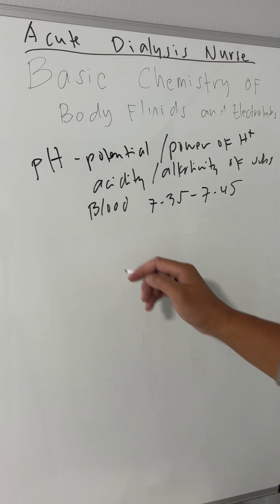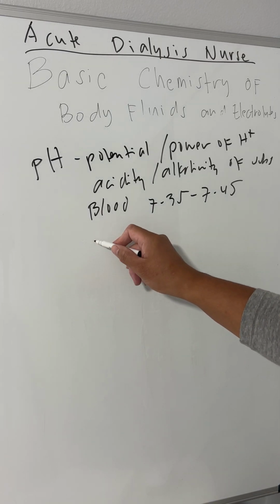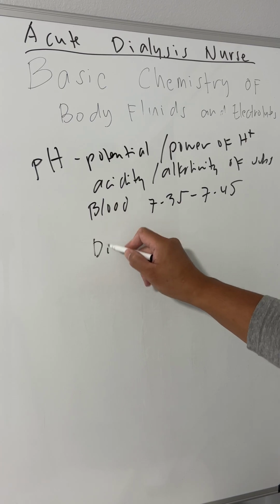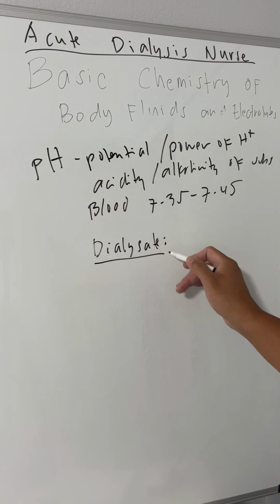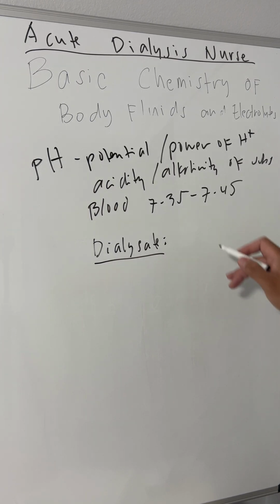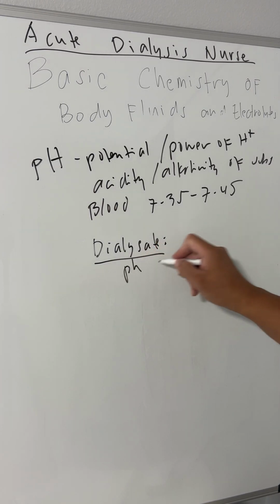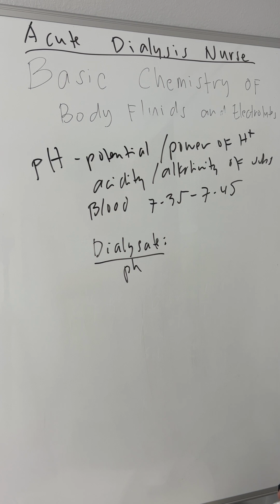So what's the acceptable range for the dialysate pH? We use strips to measure this dialysate pH. It depends on the different company, but it can go from 6.8 to 7.8.